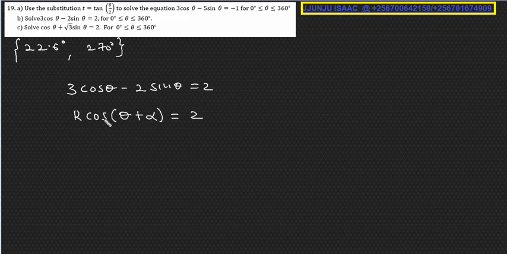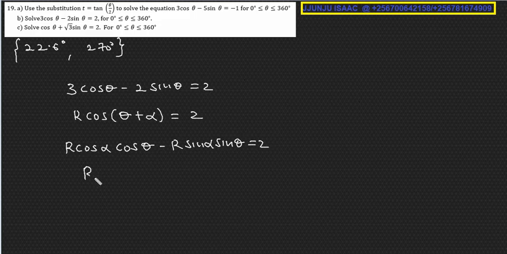Now we shall expand this. This is going to be R cos alpha cos theta minus R sin alpha sin theta equal to 2. So from here we just have to compare the coefficient of cos theta.